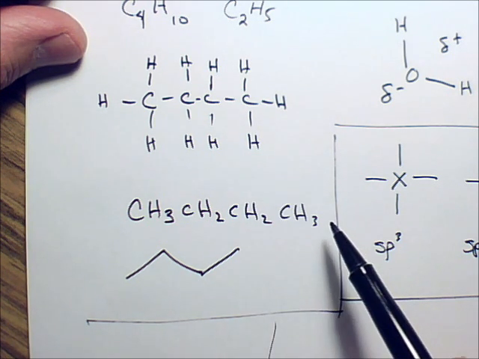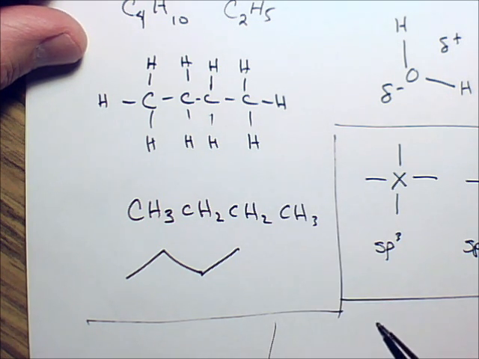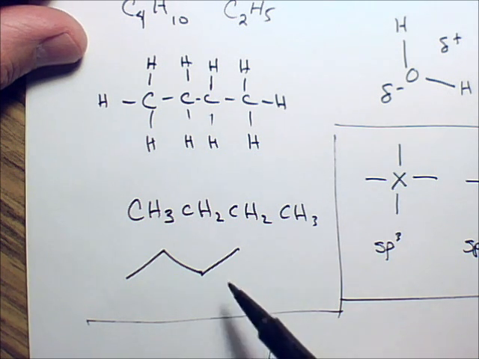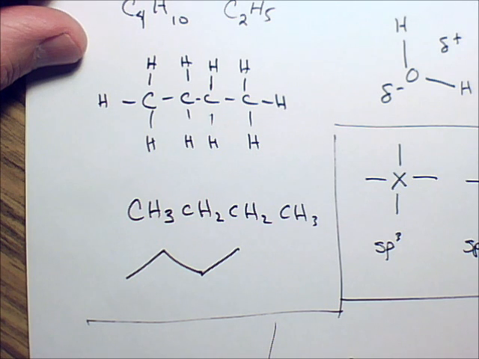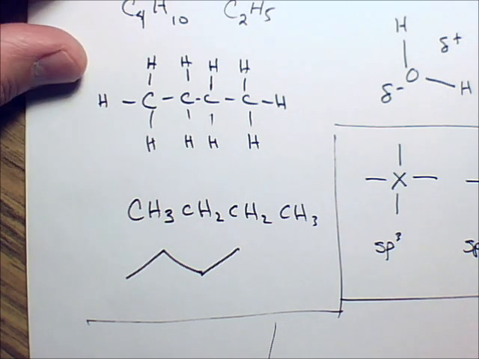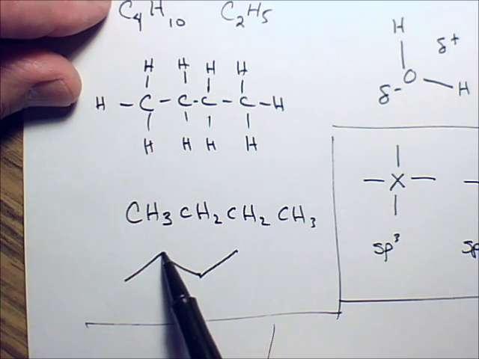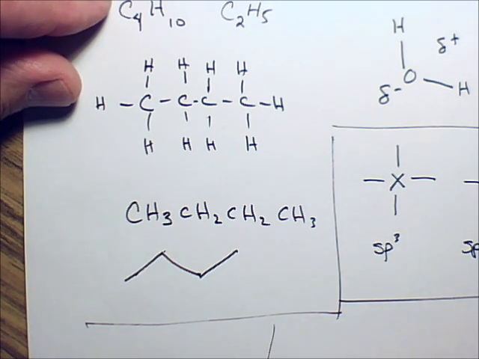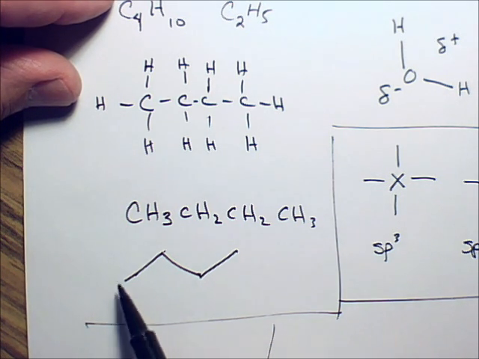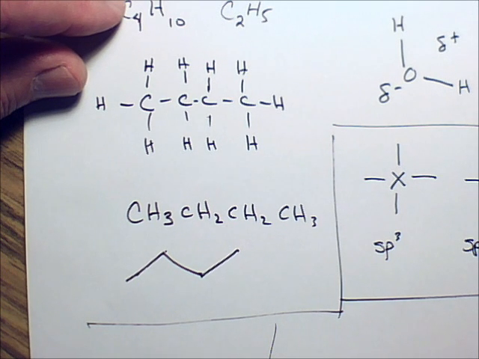This is complete, this is condensed, and this is skeletal. Okay? So what does the skeletal formula not tell you that you have to figure out for yourself? Well, yeah, you know that the carbons are implied by every corner, but what else does it not tell you? You have to know where the hydrogens are just by being able to figure it out.